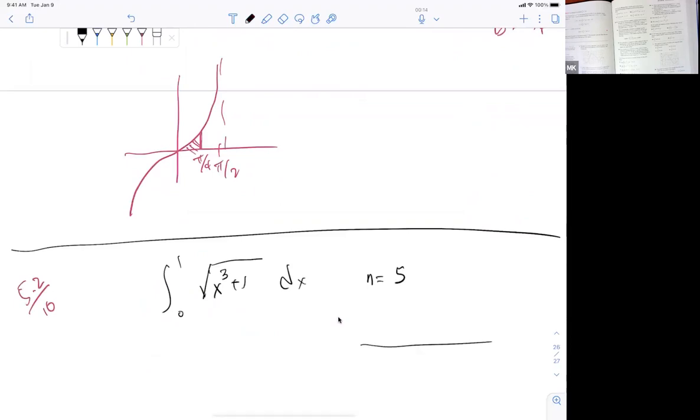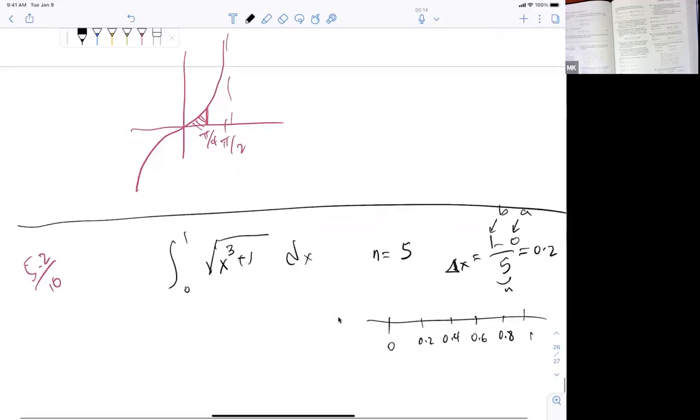So if this is my interval 0 to 1, I'm breaking it into 5 pieces: 0.2, 0.4, 0.6, 0.8, and 1. Basically 1 minus 0 over 5, which is 0.2, and then you add that each time. That's your delta x. So this is the process: b minus a over n. They give you the n and the b minus a.